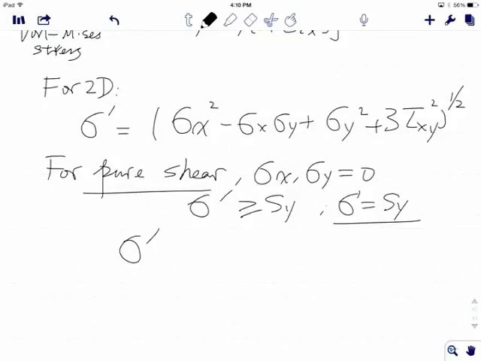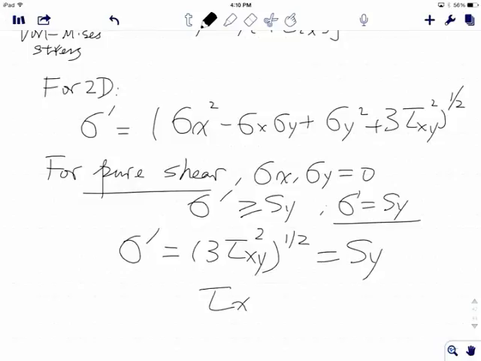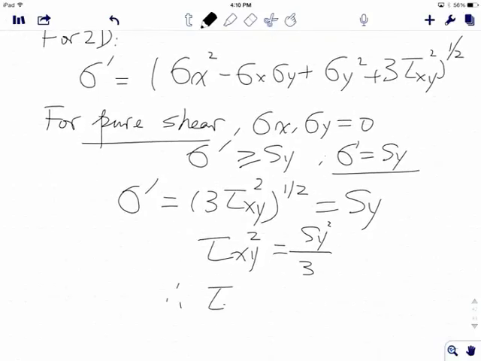So for pure shear stress, von Mises stress is just equal to the square root of 3 tau xy squared. And if that equals Sy, that's my critical point, right? So you take the square root on both sides, divide by 3 on both sides, and you have this. Therefore, tau xy is equal to roughly Sy divided by square root of 3, equal to 0.577 Sy. That's right.